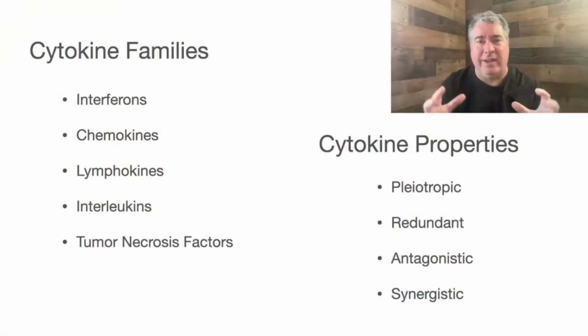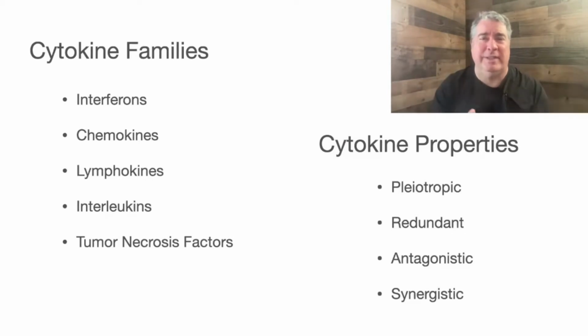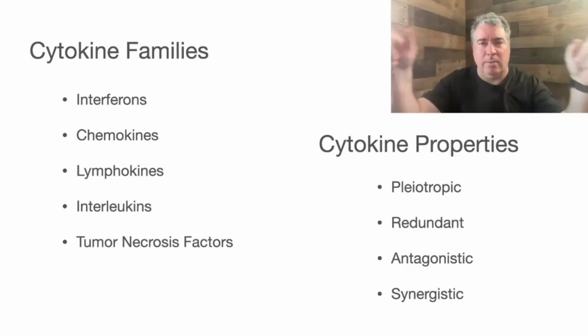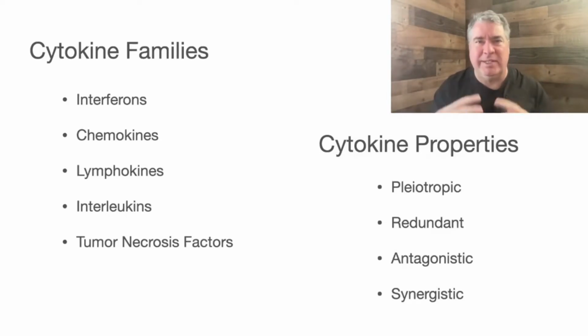All right, so cytokines. I know this first slide has a ton of terminology on it, but it's important. Nomenclature matters. When you hear various terms, you're going to say, oh, that's a cytokine, so it participates in the immune system somehow.